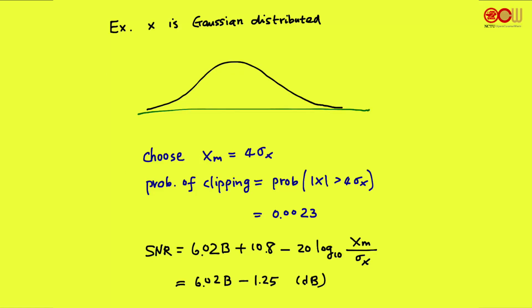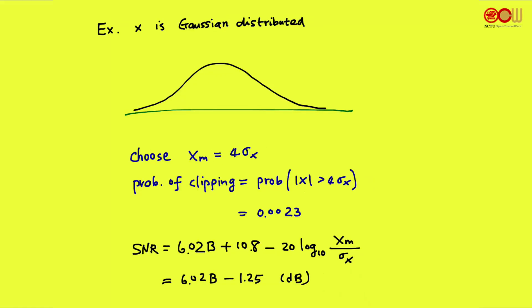Now let's plug in this 4 times sigma x into the formula that we had earlier. SNR is given by this equation, and Xm is 4 times the standard deviation. Then this is what we get: 6.02B minus 1.25 dB.